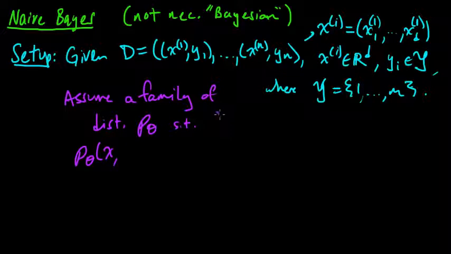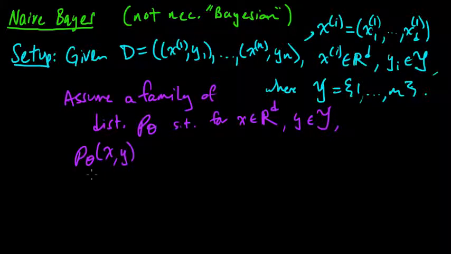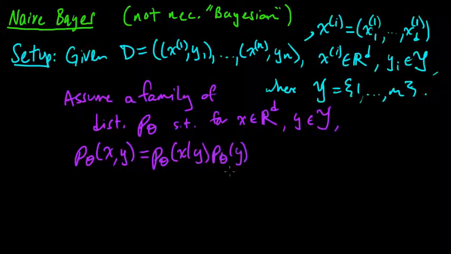So here, this x is going to be one of these x's, a point in Rd, and y is a class. And the joint probability of these under the parameter theta, well, of course we can always factor it as the probability of x given y times the probability of y. We can always do that.